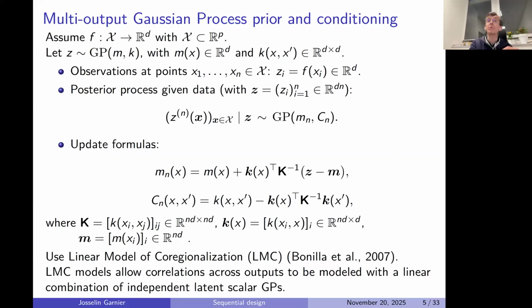So then you are back to the previous problem, and you just have a little bit more hyperparameters to estimate, but the principle is very close to the scalar valued case, and it gives reasonable results. Anyway, in all the examples that I will show you, it gives reasonable results. You could use another method to address multi-output Gaussian process, but this is the one that is good enough for what we want to do.